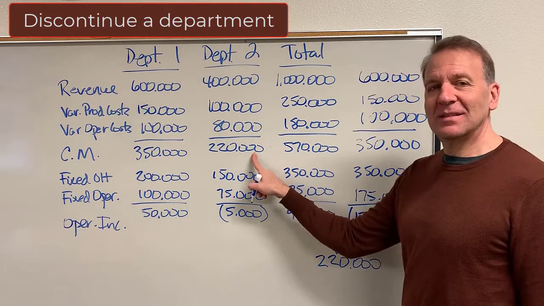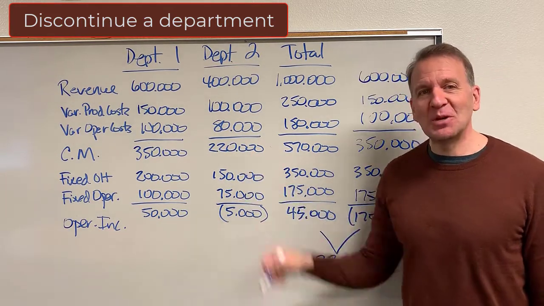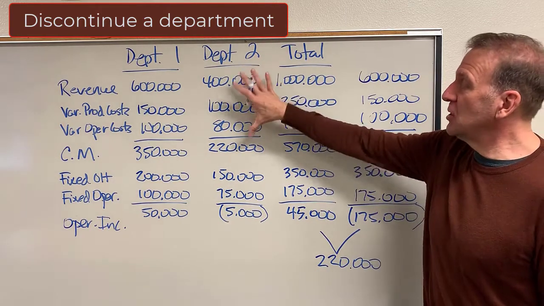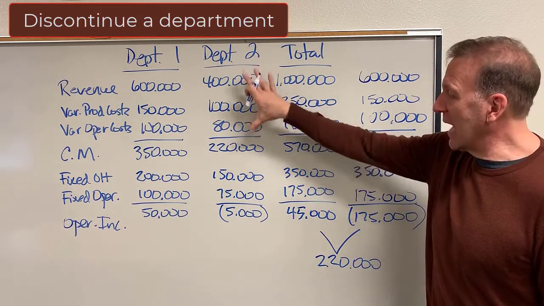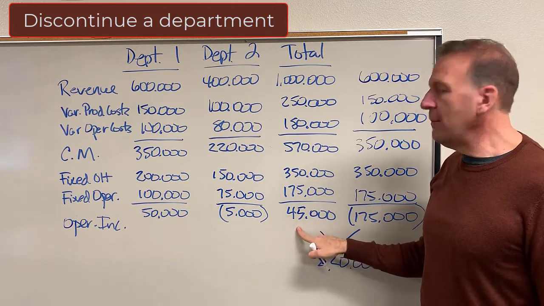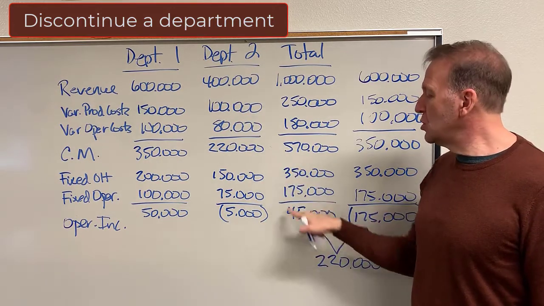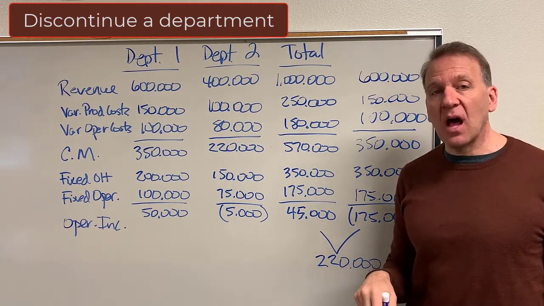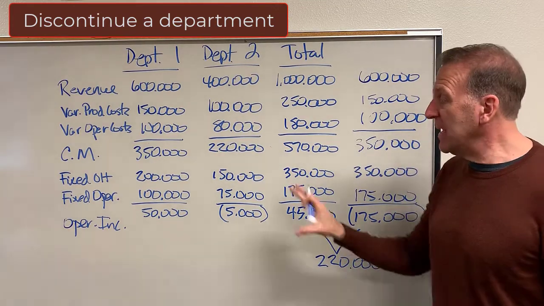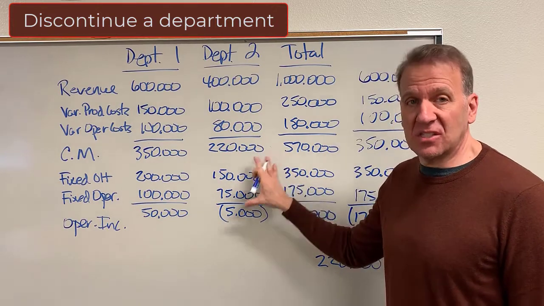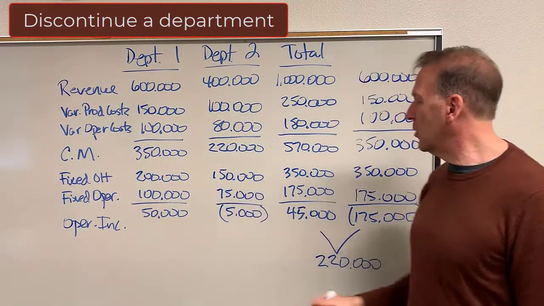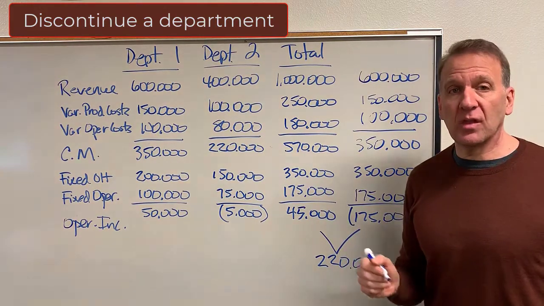Look what that was. That was our contribution margin, because we lost it. We got rid of Department 2, and so our profit went down $220,000, to a loss of $175,000, because the fixed costs are still being incurred, so they had to move over and become part of our totals there.